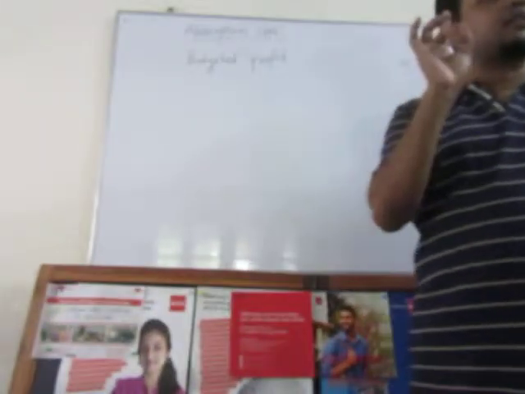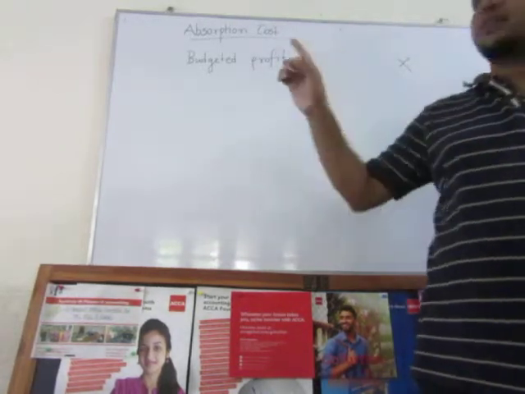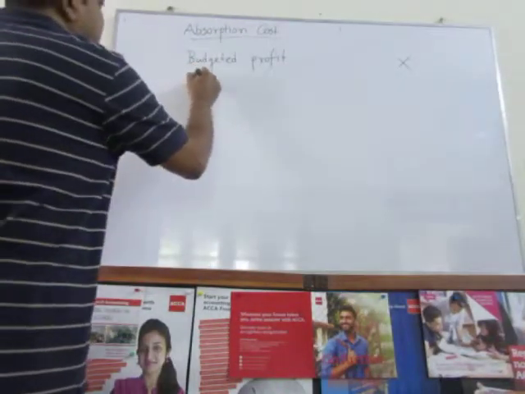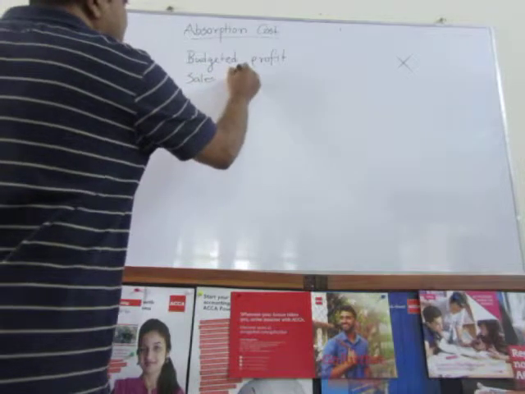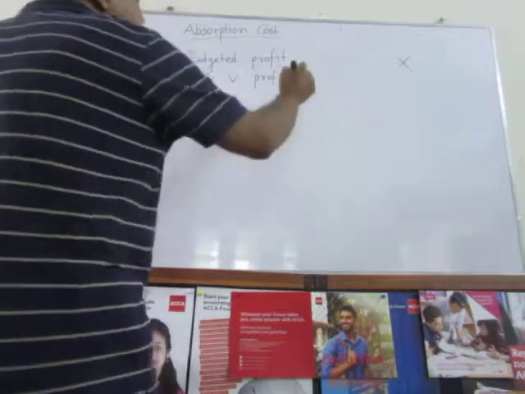Sequence টা কী? First, when we discuss about the sales volume, sales price variance, another is sales volume variance. In the case of sales, there are two variances, sales price and sales volume variance. In the case of sales volume variance, we can find out sales volume profit variance, sales volume contribution variance. Here you are discussing about budgeted profit. That's why we have to adjust sales volume profit variance.